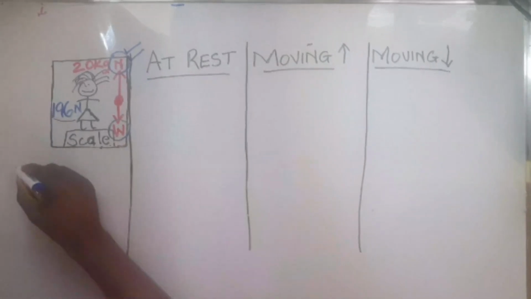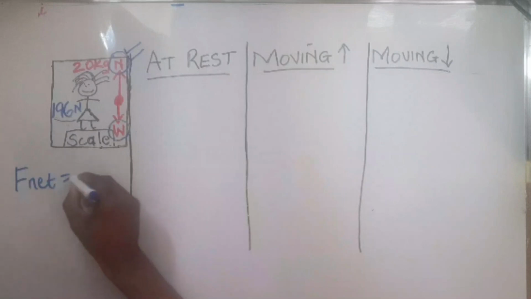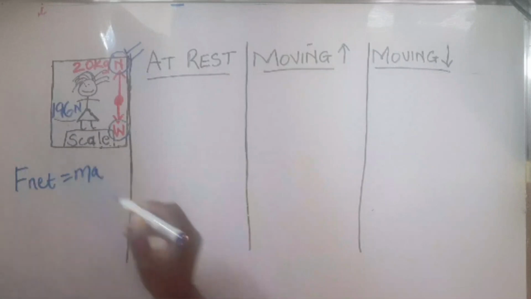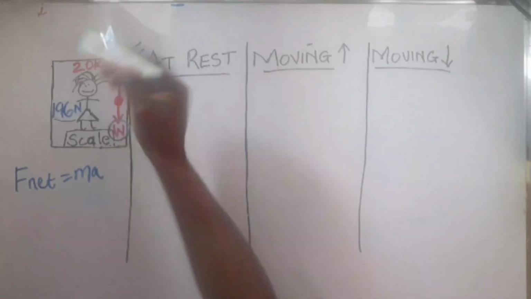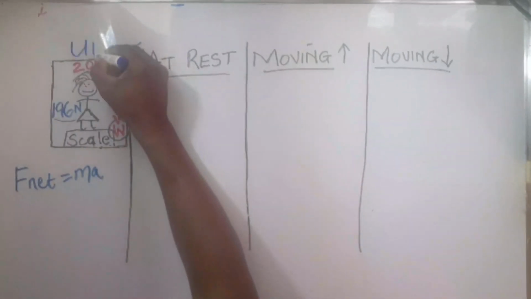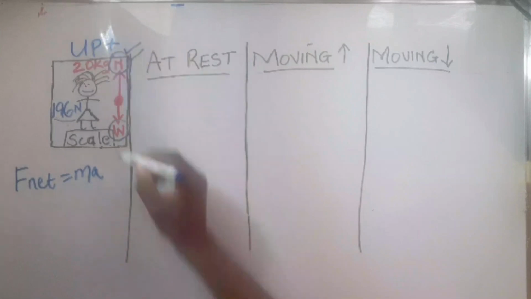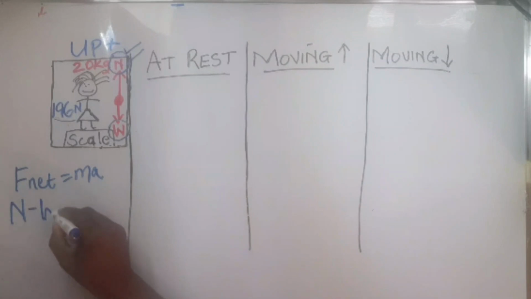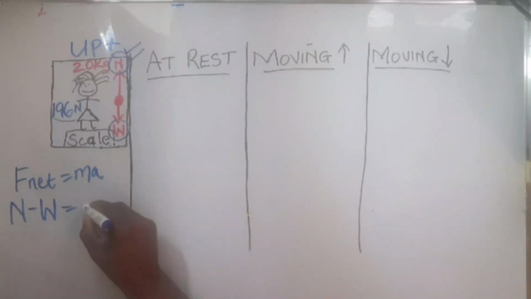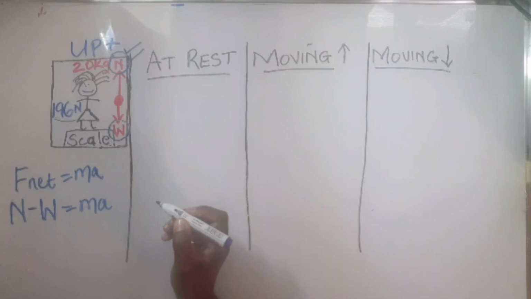So let's look now at Newton's second law for this situation. The sum of the forces acting on the girl, let's take up as positive. So we have the normal force, which is positive, minus the weight, which is negative, equals ma.